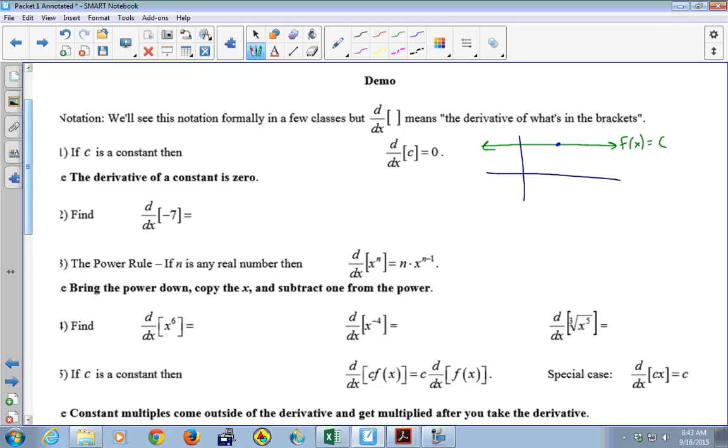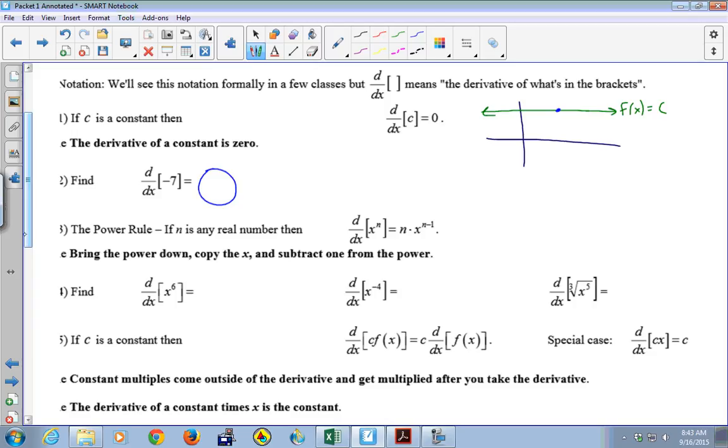So at every single point on the line, the slope of the tangent line is 0. So d dx of the constant is always 0. That make sense? Okay. So what's d dx of -7? 0. Good.